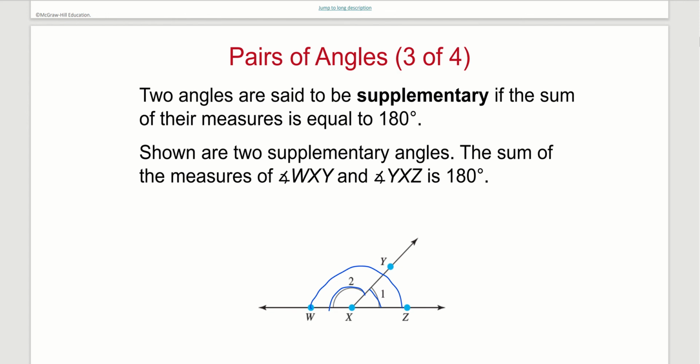One of the easiest ways I find to keep these two definitions straight is if you compare the words complementary and supplementary alphabetically, the C comes before S. On a number line, 90 would come before 180. So the two that come first: complementary goes with 90, supplementary goes with 180.